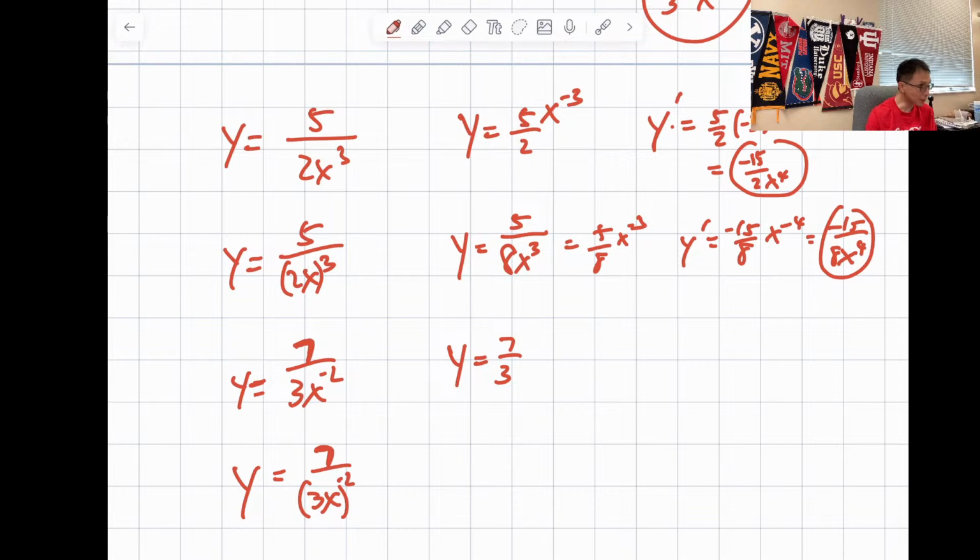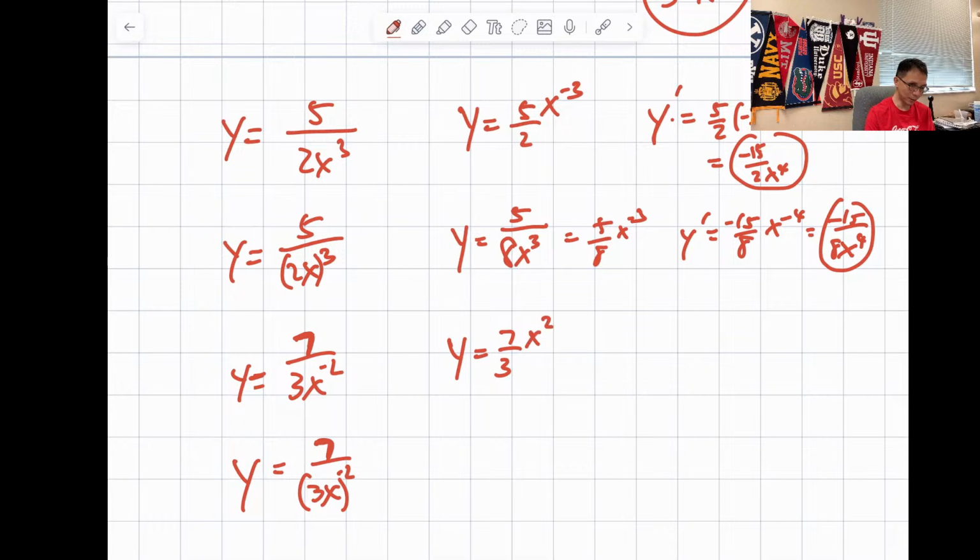Now, this one is interesting. X to the negative 2 is on the bottom, so what do I do? Does it become positive if you double negative it? Yeah, so it'll be x to the 2 on the top. You're a genius. Y prime is equal to 7 over 3 times 2, x to the first, so it'll be 14 over 3x, and you're done.